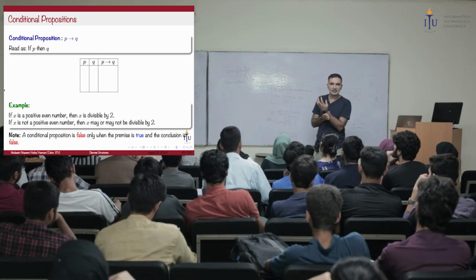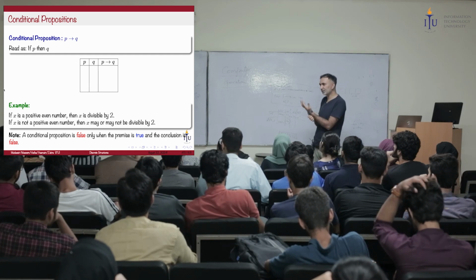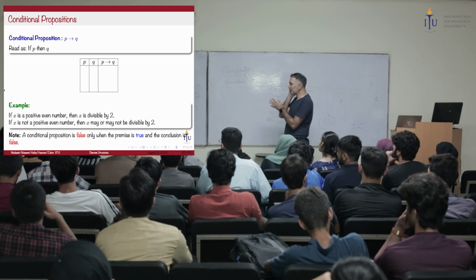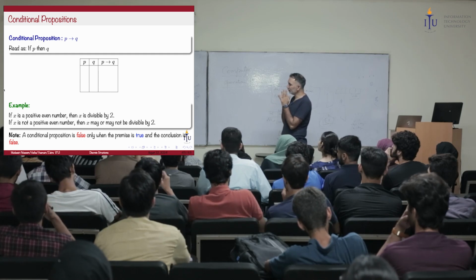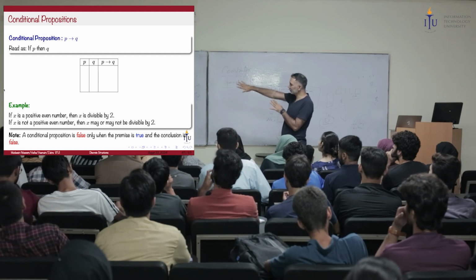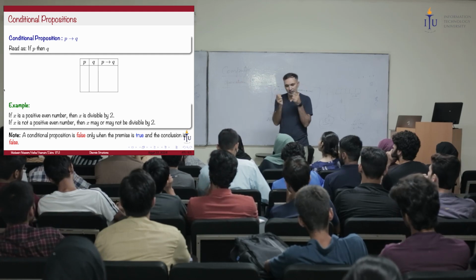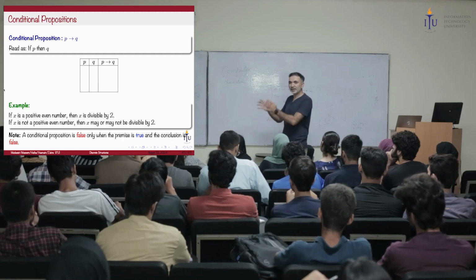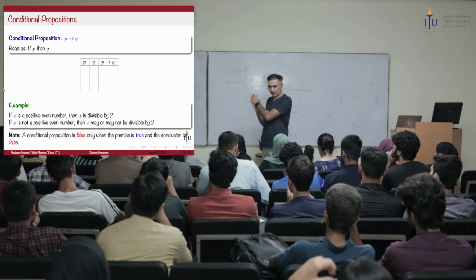It is itself a proposition, which means it can be false. So if P then Q is defined by a truth table, which I will show you in a minute. What it means is that if P is true, then Q is guaranteed to be true.